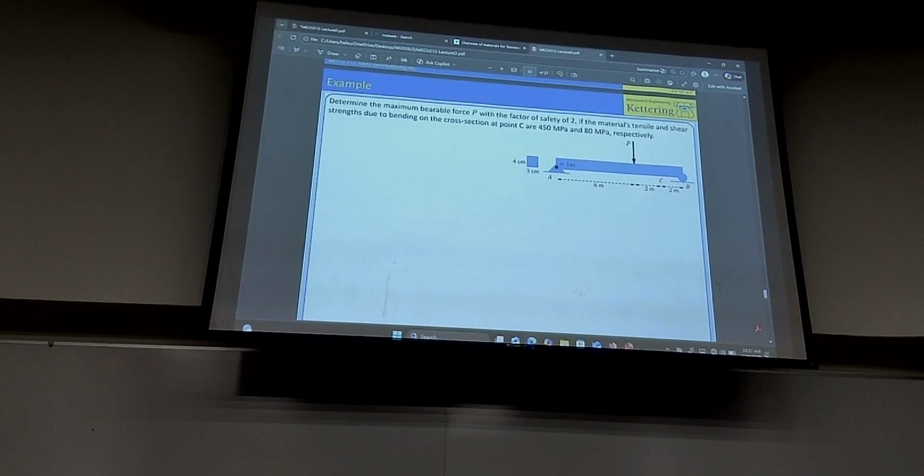I'll give you a point for that. Sigma ut for sure is this. But sigma uc, can we infer anything? Could it be the same, could it be different? So we cannot for sure say that. Nothing is said about sigma uc. So be mindful of these little nuances. We're engineers, we're expected to be precise.